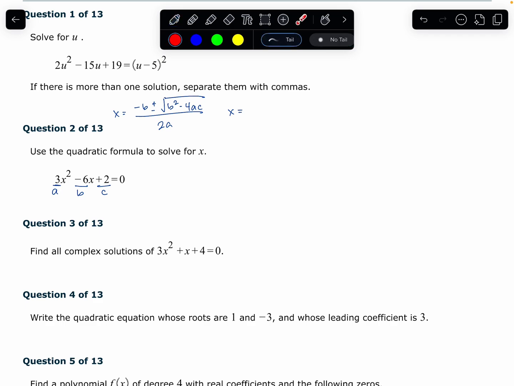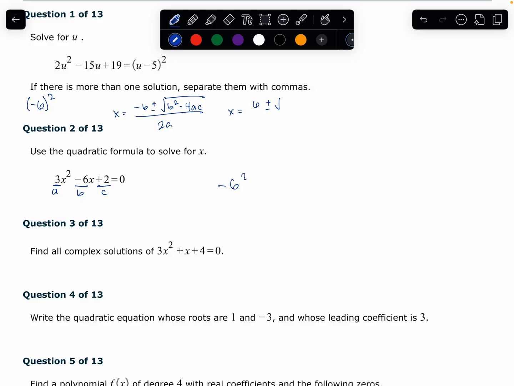So x will be equal to negative b, so that will turn that to be positive 6. So 6 plus or minus the square root of b squared. So if I take negative 6 and I square it, remember that if you're plugging this into your calculator, you should plug it in with parentheses. So negative 6 squared, not negative 6 squared without parentheses.